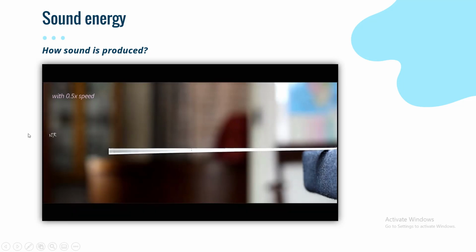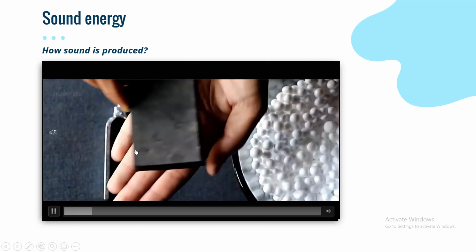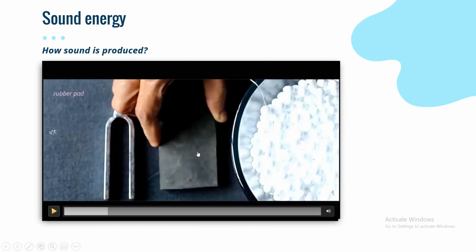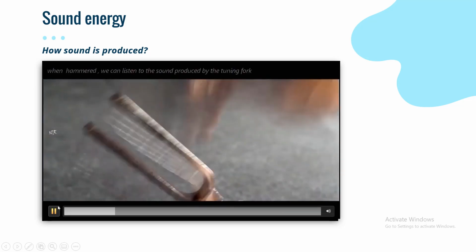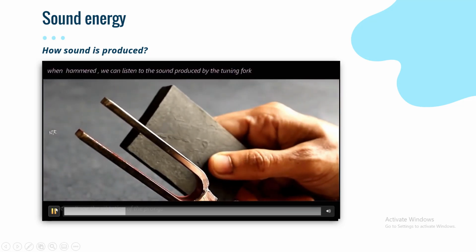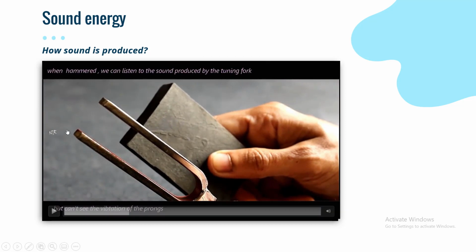Okay, taking another example, we have the tuning fork and we have the rubber band. We will use this rubber band to hit the tuning fork to make it vibrate. Listen to how this tuning fork will create sound after we hit it with this rubber band. The sound created from this tuning fork is produced by hitting it, because after we hit it, it vibrates.